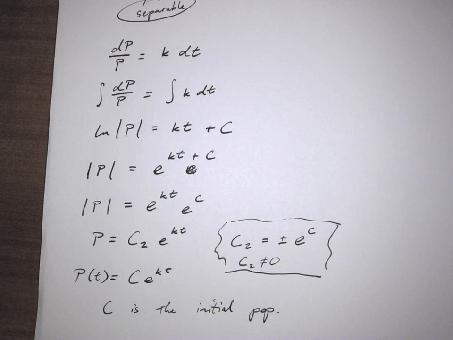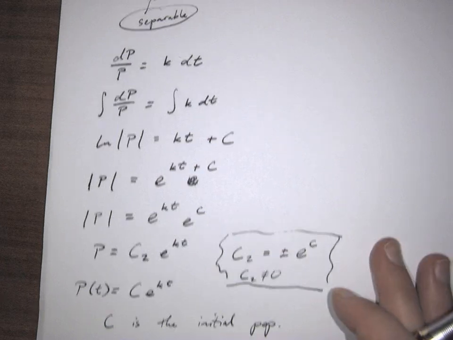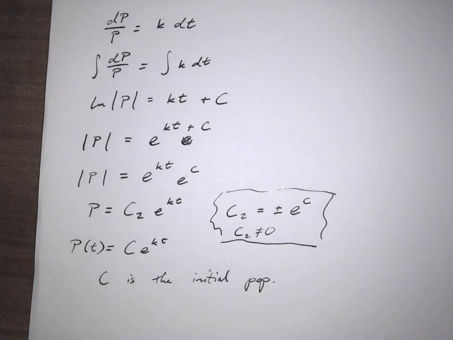This is exactly what we said it was in section 1.1 when we also looked at this same sort of population model, and now we can see the reason for it. It's a separable differential equation, and so we were able to separate the variables and solve by this method.